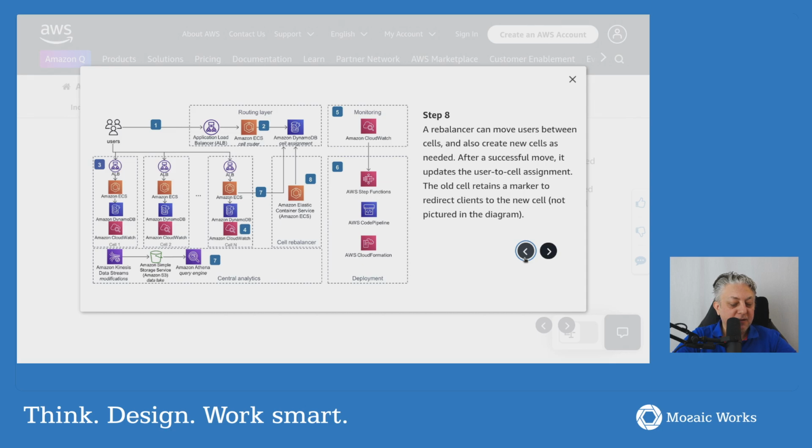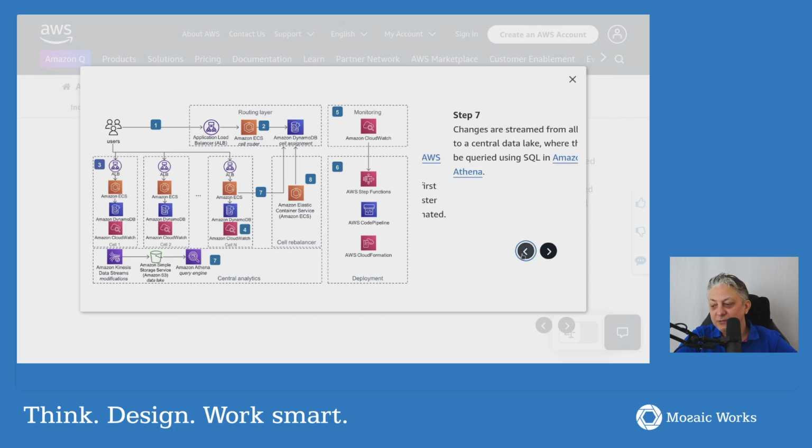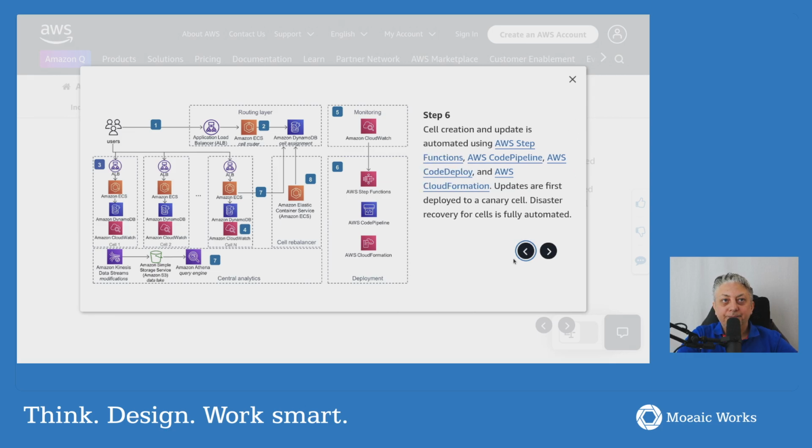Let's talk about other things. Operations. How do you run this? Well, you need a lot of monitoring. They mention here monitoring. Monitoring is not an easy task here, because you need to gather a lot of data from each cell, and you need to get alerts, and you need to be very careful what to do with those.